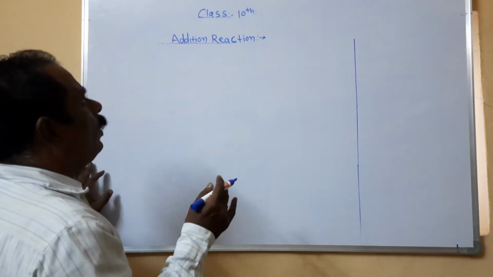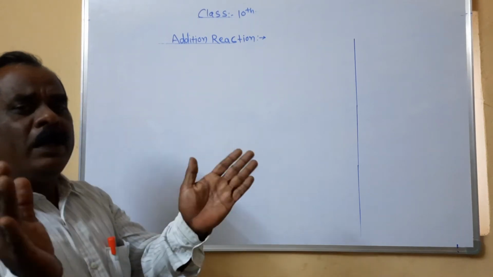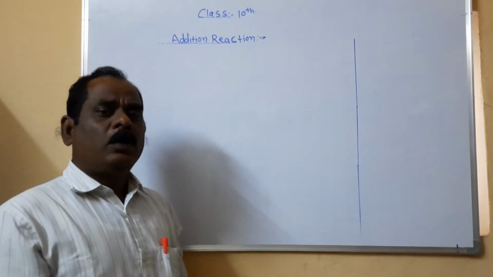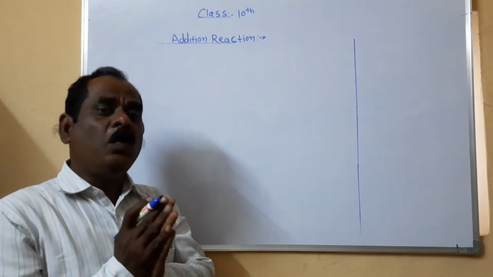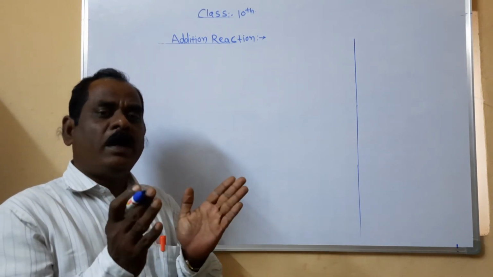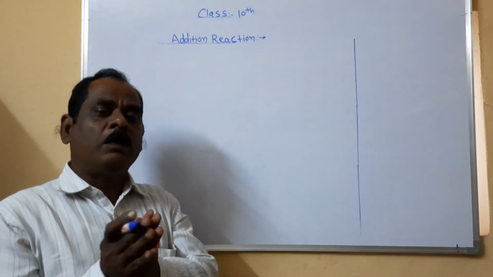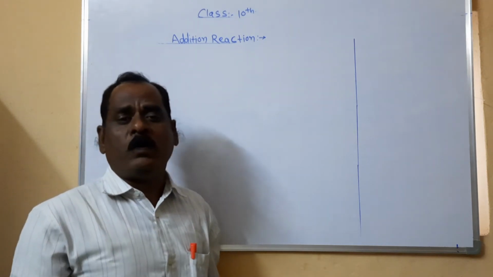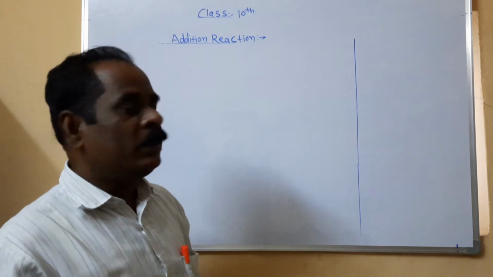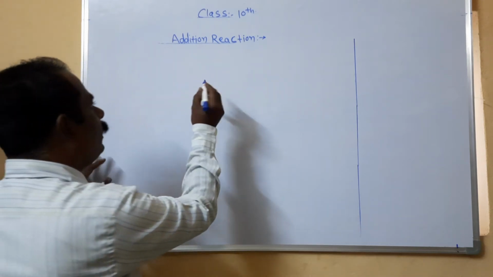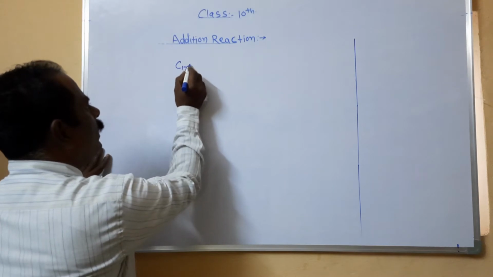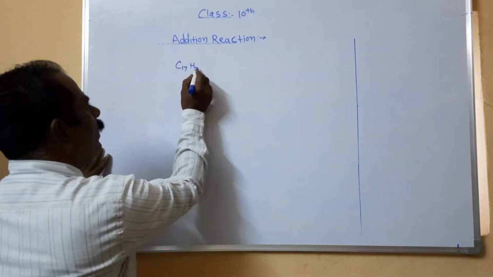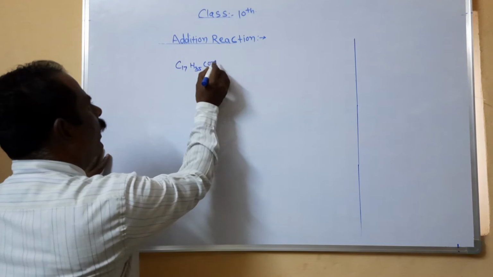How will you identify saturated and unsaturated hydrocarbon compounds? Some sample is given in a test tube; how will you conclude which is the saturated hydrocarbon and which is the unsaturated hydrocarbon? Use iodine or bromine water, the iodine test or bromine test. Take the given sample, for example stearic acid, whose formula is C17H35COOH.